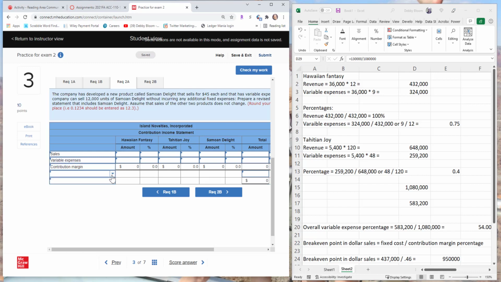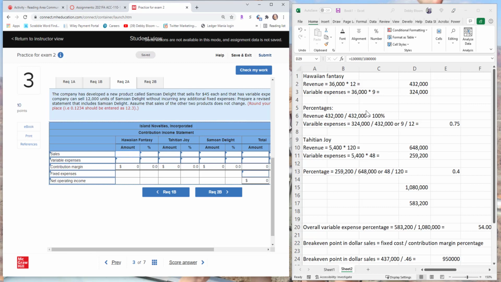From our contribution margin, we subtract the total company fixed costs to come down to our operating income or loss. I hope it's going to be an income. We'll see. We might have to change it to a loss at the end.